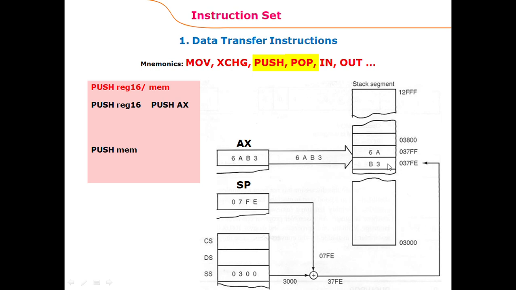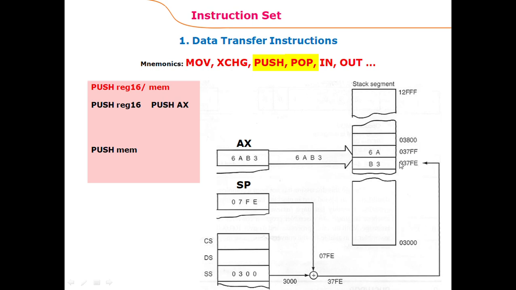At this physical address, the rightmost byte of the accumulator is stored, then the physical address is incremented by 1, so you would get to this location, and the next higher byte 6A is stored at the higher location. The updated stack pointer content would be 37FE because it has been decremented by 2.